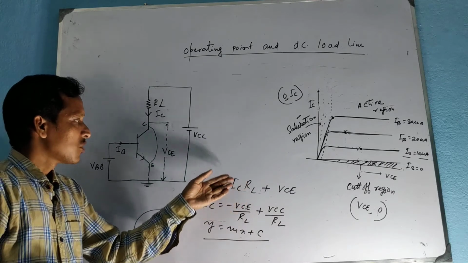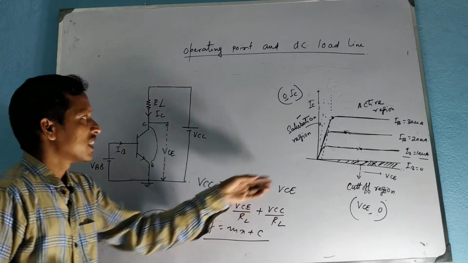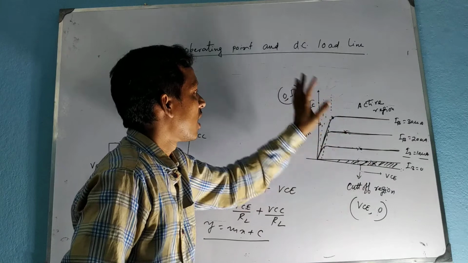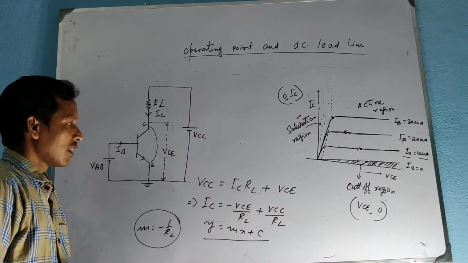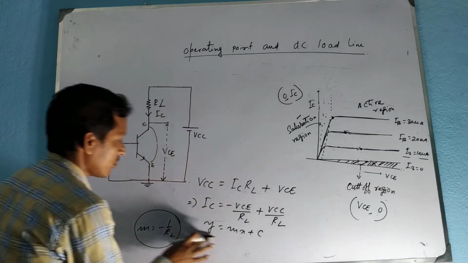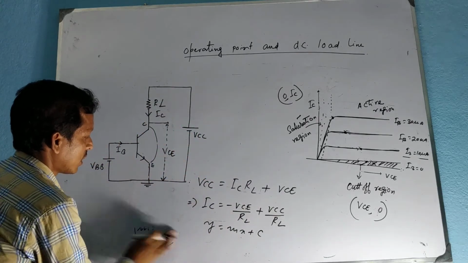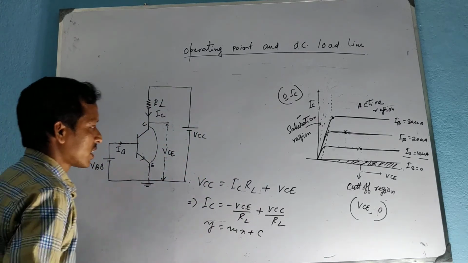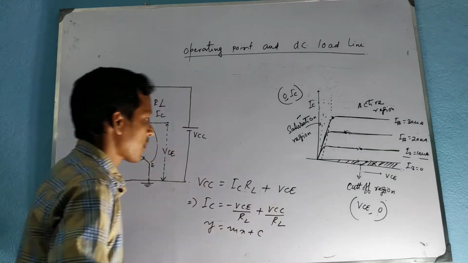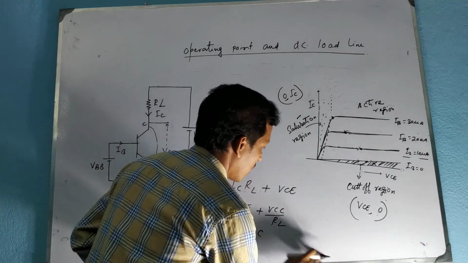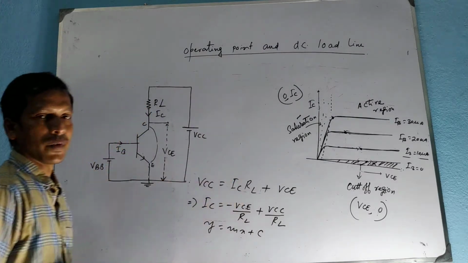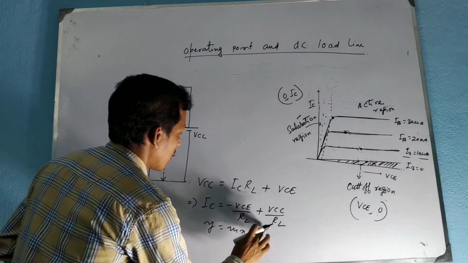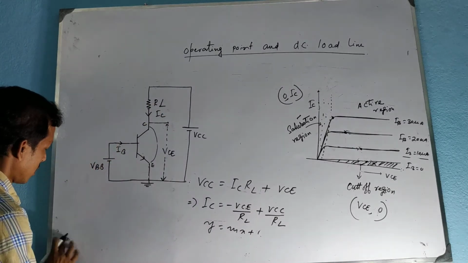And if we superimpose this load line on the output characteristic, first I will show you the points between which the straight line is drawn.